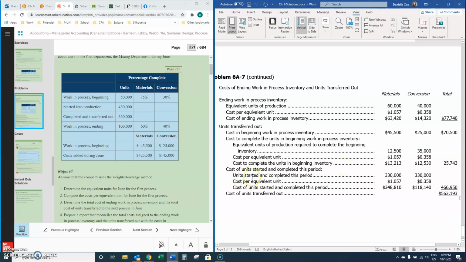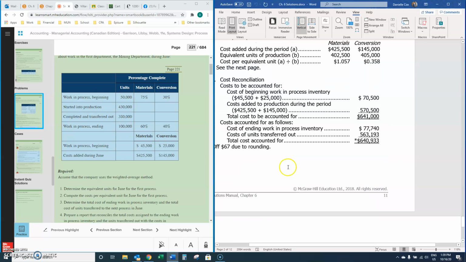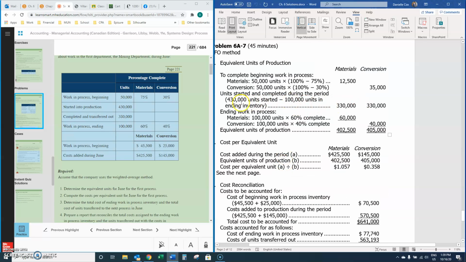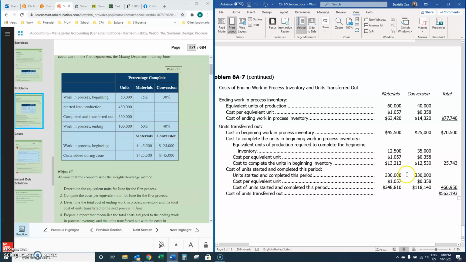Then we have to get the cost of the units started and completed during the period. Again, started and completed was the 430 that they started minus the 100 in ending inventory, so 330, multiplied by the same cost per equivalent unit, and you get your cost of units started and completed. So cost of units transferred out would be the cost of beginning work in process, the cost to complete the beginning work in process inventory this period, and the cost of the units that were started and completed.